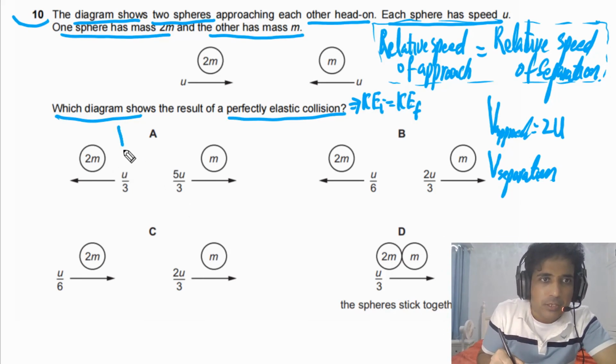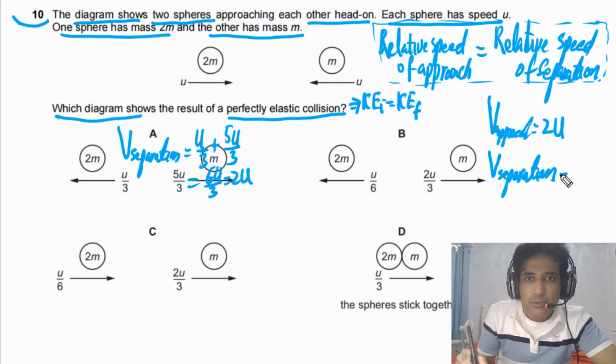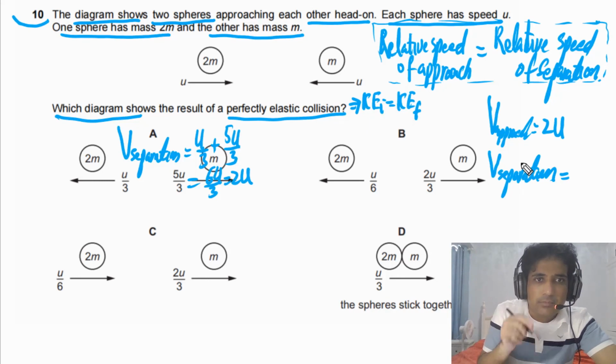So the speed of separation will be equal to u by 3 plus 5u by 3. Now if we add these two, we will get 6u by 3 and this is equal to 2u. So they have the same relative speed of separation as the relative speed of approach of these two spheres.